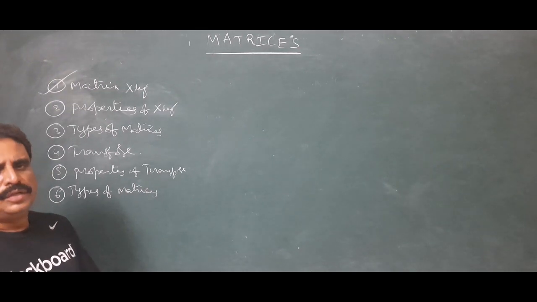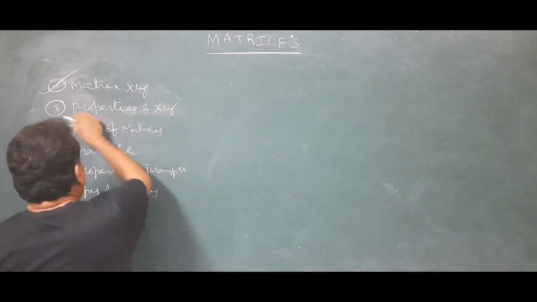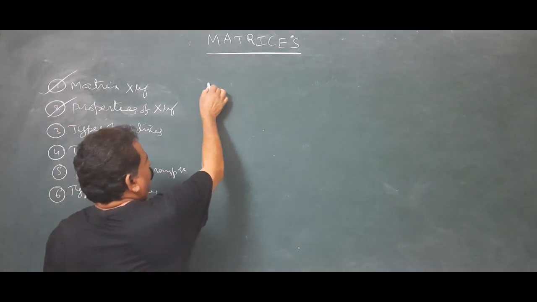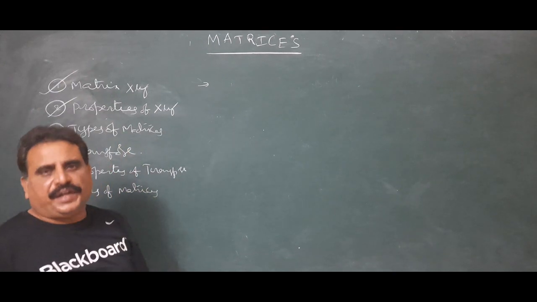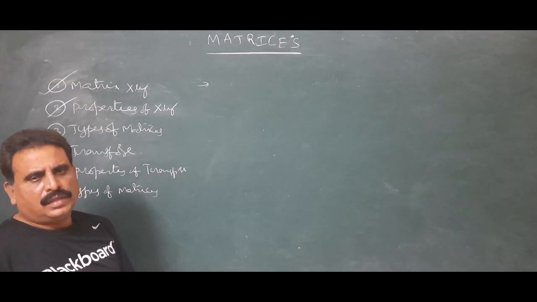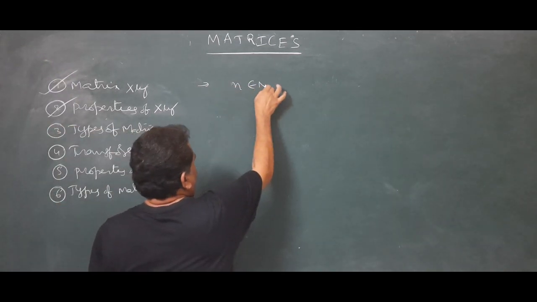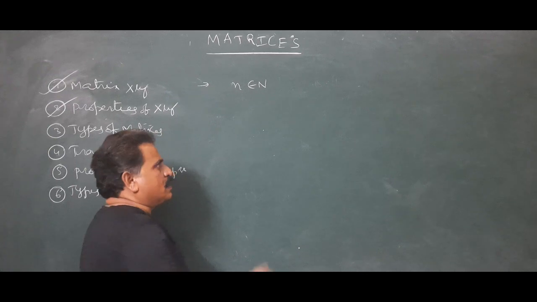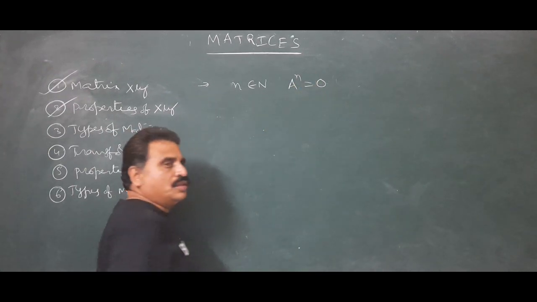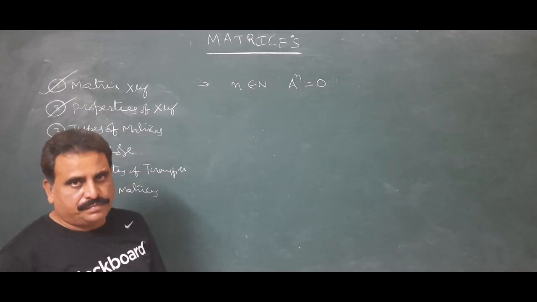Now we are going to the types of matrices based on the product. That is the third point. Types of matrices. Nilpotent matrix. Let A be a square matrix. If there exists a least n belonging to natural numbers such that A power n equals 0, then A is said to be a nilpotent matrix.